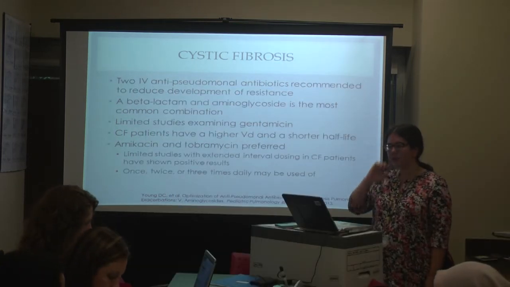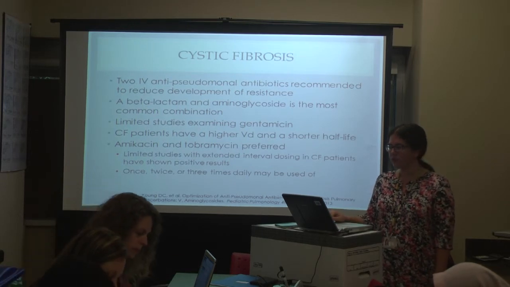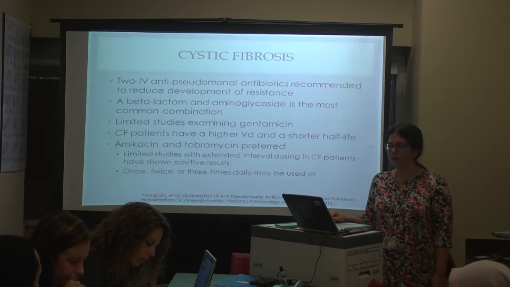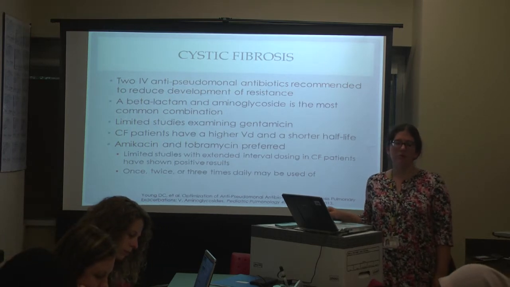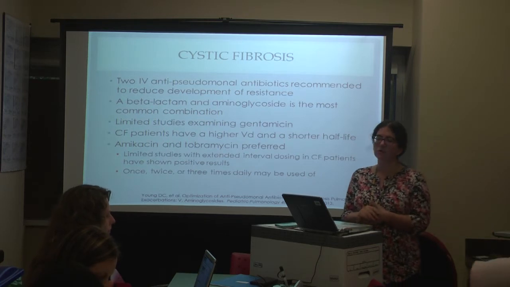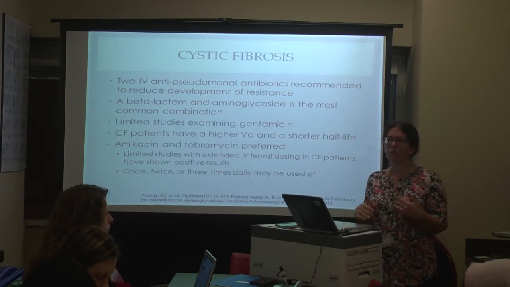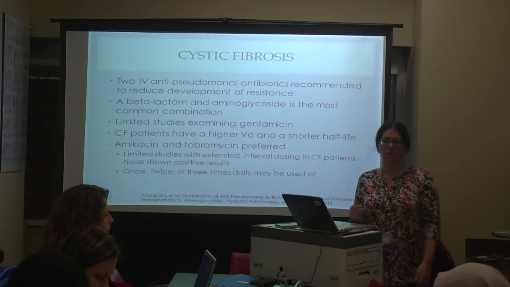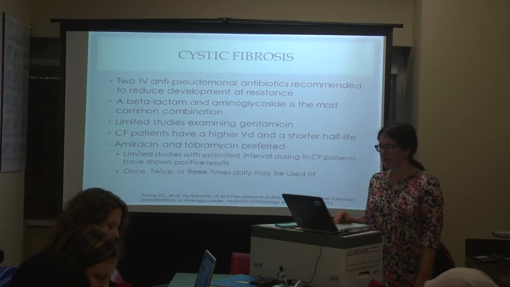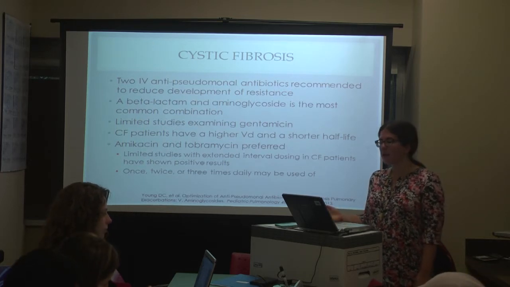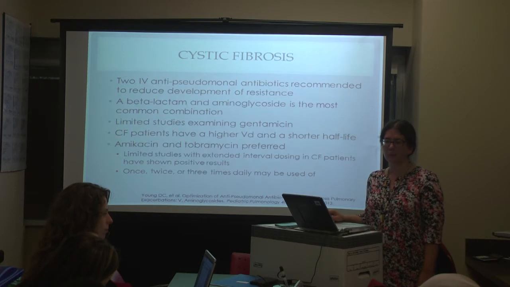The guidelines for CF recommend 2 IV anti-pseudomonal antibiotics, and this was recommended to reduce development of resistance. There were some studies that looked at whether you needed 1 or 2, and they saw similar efficacy for resolution of the infection. However, when they used only 1 antibiotic, there was a slight trend towards increased resistance, so it's still recommended to use 2 antibiotics. A beta-lactam and aminoglycoside is the most common combination used for cystic fibrosis.